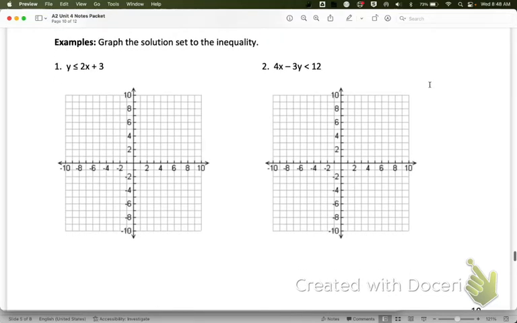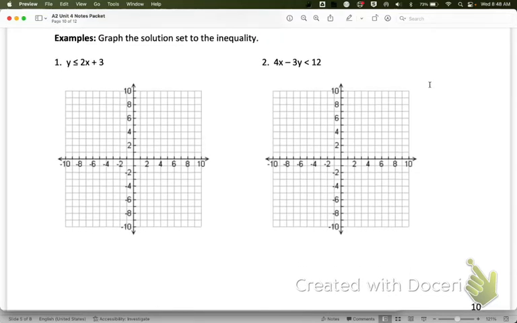So let's look at two that are lines here. These two are both linear equations, and so we're going to graph using y equals mx plus b. The first thing I notice here is this is a less than or equal to. Because it's equal to, I'm going to use a solid line when I graph it, okay?